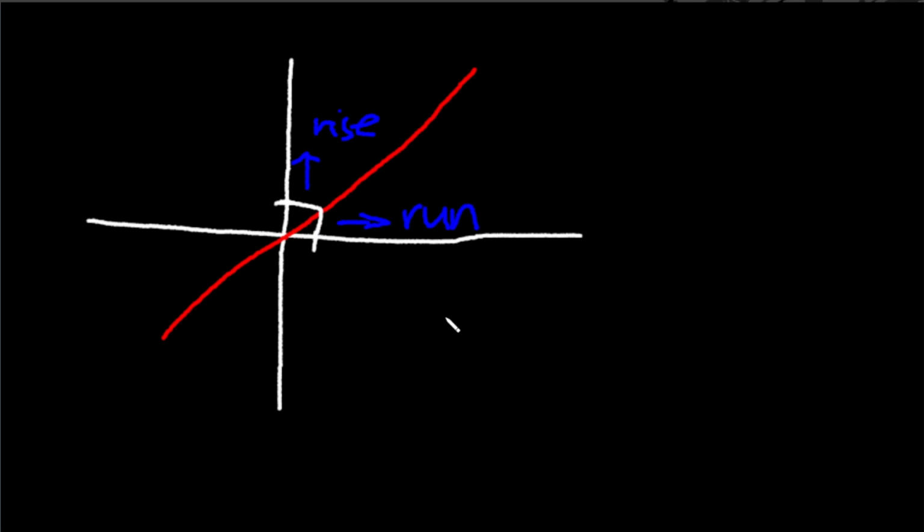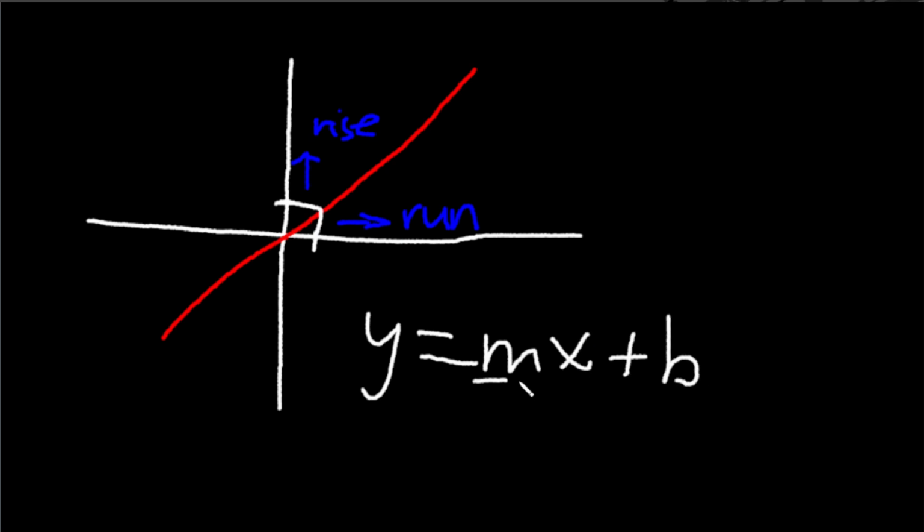So in relation to the slope intercept, y equals mx plus b. M right here is the slope, and right now the slope is 1.